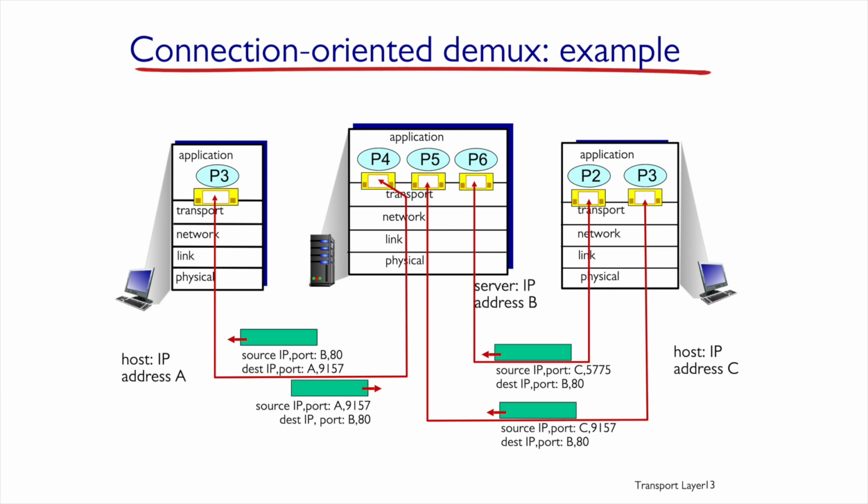In the case of the quartet, they identify every connection. So it will be obvious that P2 is really talking to P6, P3 is talking to P5, and P1 to P4. In contrast to UDP, where we used a datagram socket, and the destination IP was the same, and the destination port was the same, all segments reach the same process. Here, we have to describe the connection with more data, and because of that, we use the whole quartet.